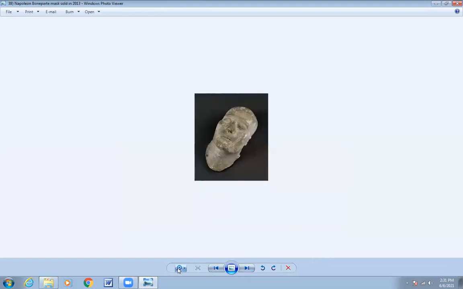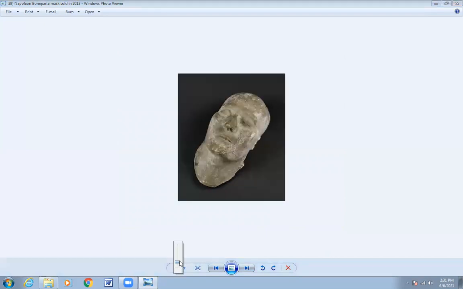Now this one, I apologize, should be a little bigger. This is a death mask of Napoleon Bonaparte, and this one was sold in 2013 at Bonhams of London for an astounding £169,250.